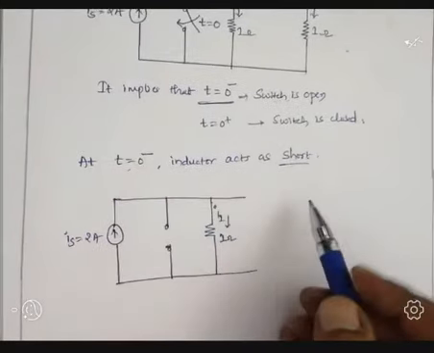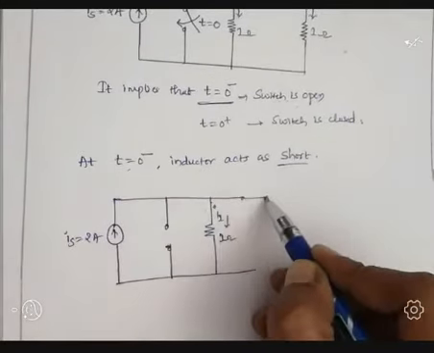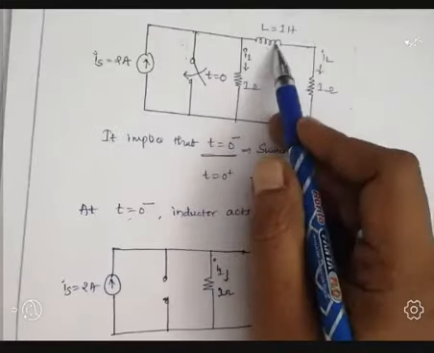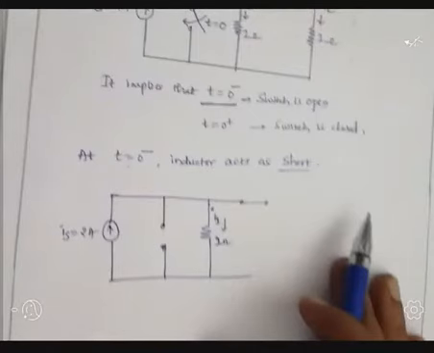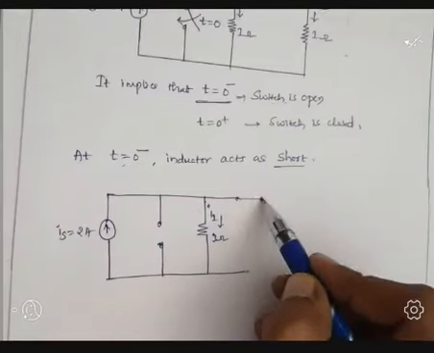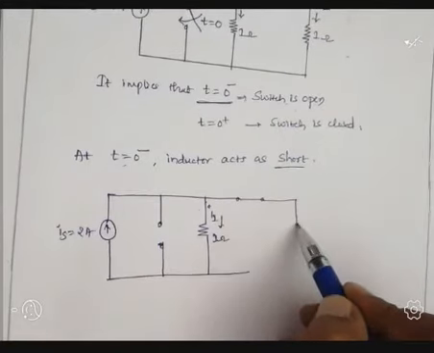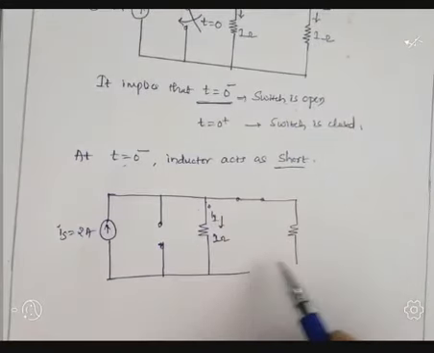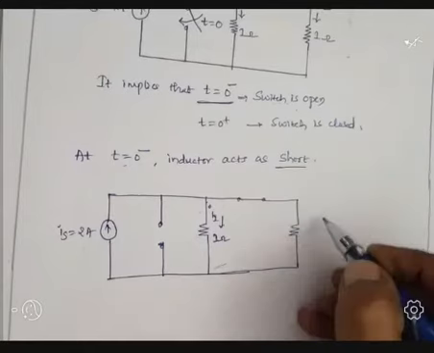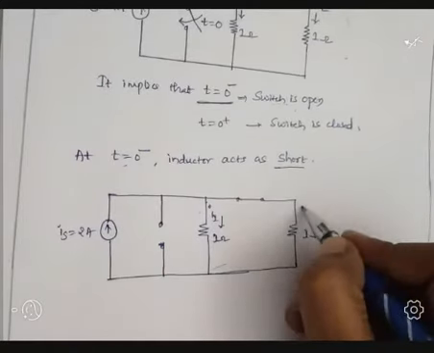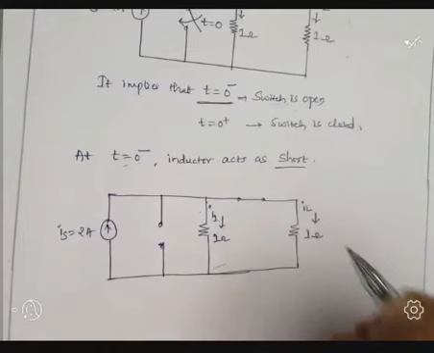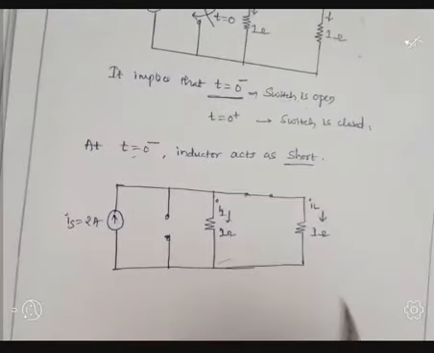Short circuit means this one, this will become short. This is a 1 ohm resistance. Through this branch current IL is flowing, and this inductor is short.